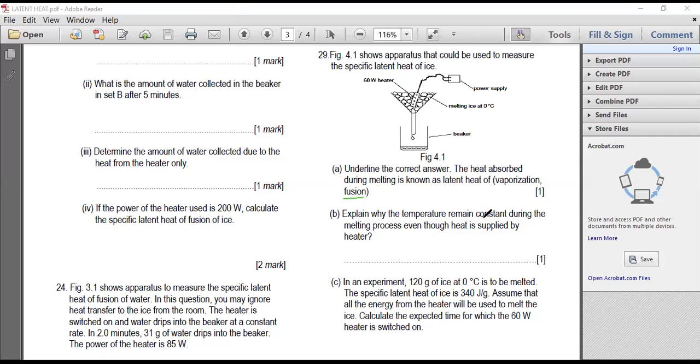Now explain why the temperature remains constant during the melting process even though heat is applied. So you can say heat is used to overcome bonding between molecules.